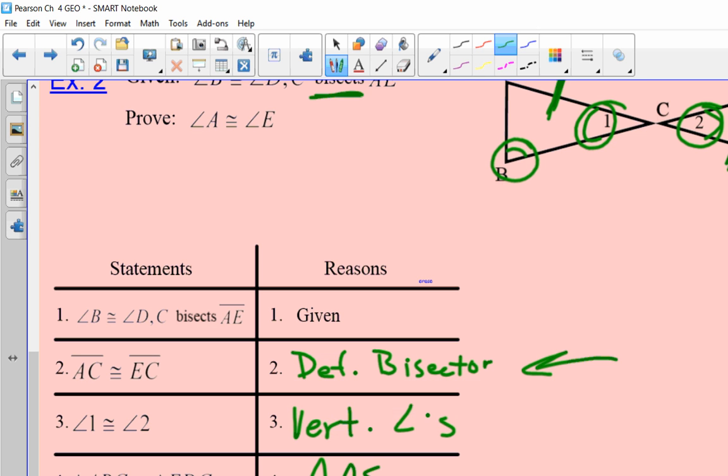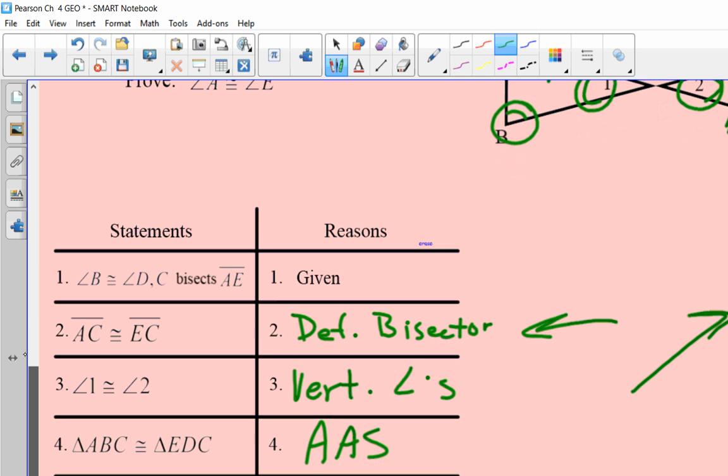I just have to go to all 6 pieces basically. So once I've proved the triangles are equal by one of these 4, I can now say that every single little part is going to be congruent. In this case, they want me to prove those angles are equal, and I can just say congruent parts of congruent triangles are congruent.